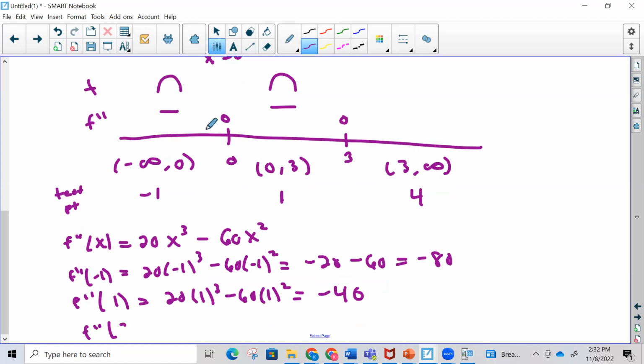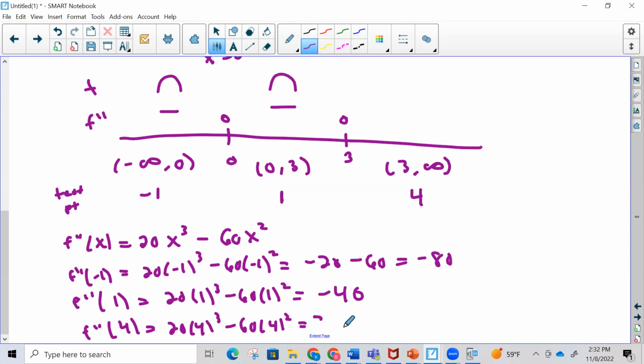And then I try 4. And then I get 320. So it's definitely positive, and this is concave up.